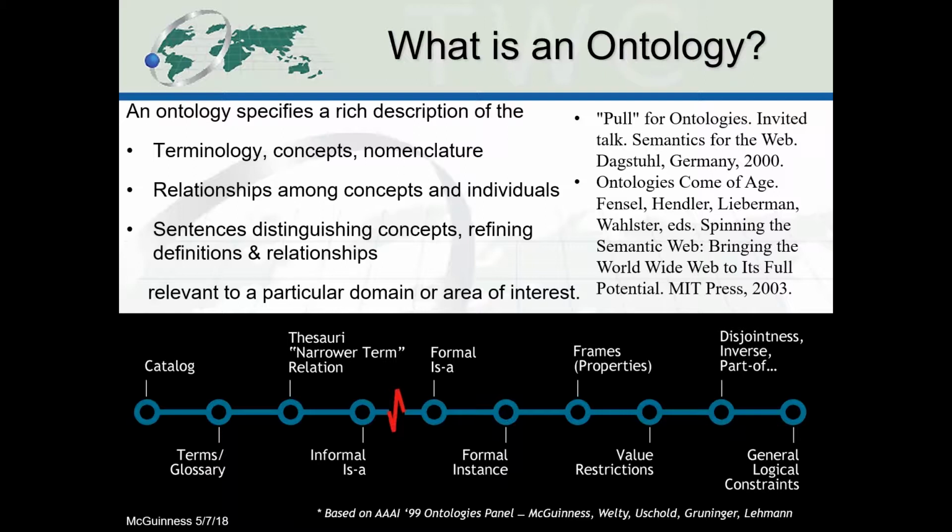And then eventually you get into my world, the knowledge representation world, where we have very articulate descriptions of all the properties of some class, all the restrictions for the values. And we define the terminology, we define the relationships, and then we have computer understandable sentences distinguishing those terms.